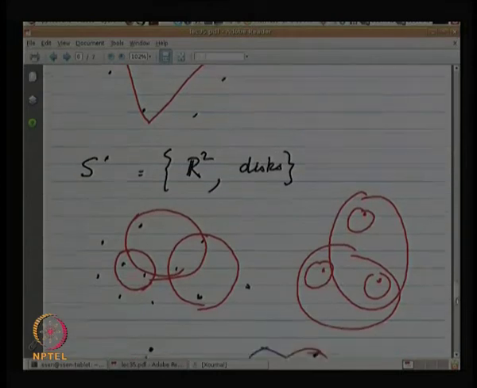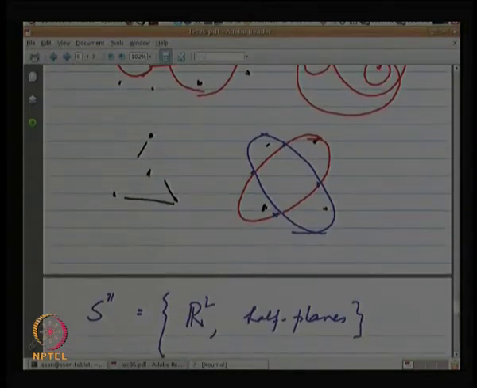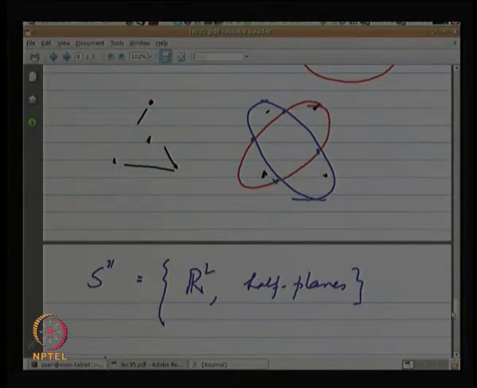But our interest is in those range spaces where VC dimension is finite, so that we can define certain other combinatorial properties with respect to VC dimension.